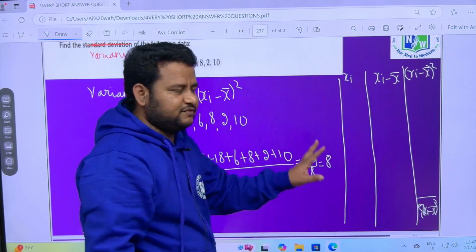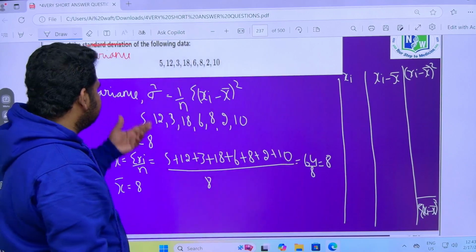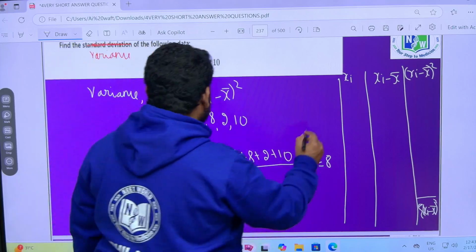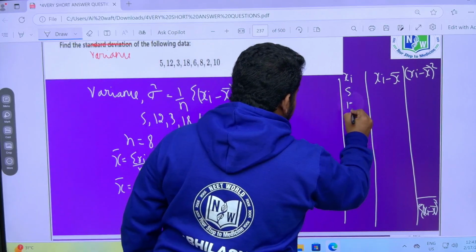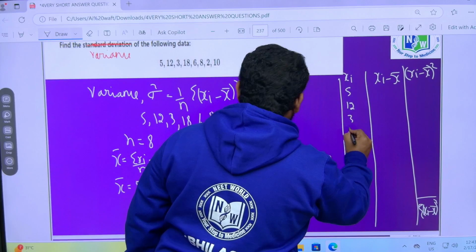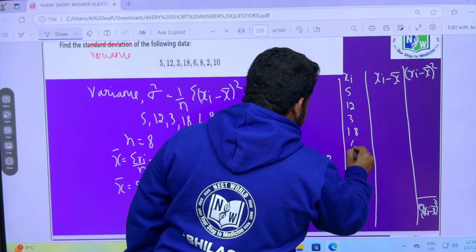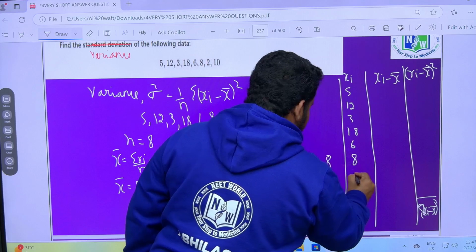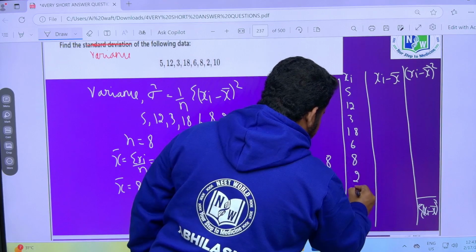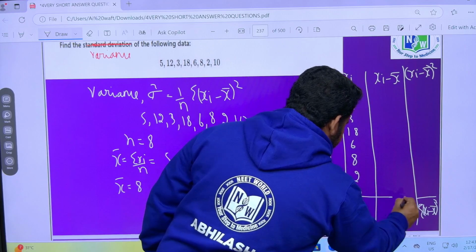Got it, friends? First, xi: we write down the observations, that is 5, 12, 3, 18, 6, 8, 2 and 10.